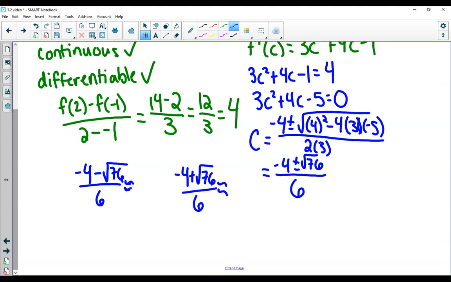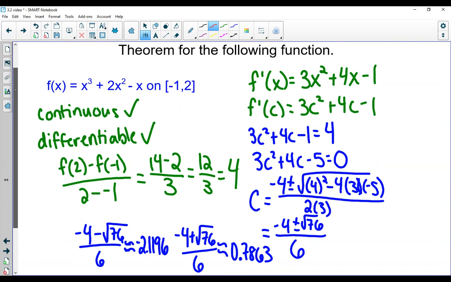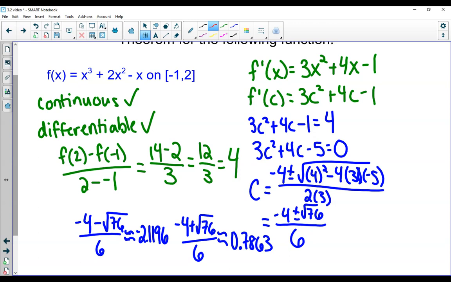So when I calculate those decimals, and again, I would have to use a calculator, I would get negative 2.1196 and 0.7863. So I find two values for c here. However, I have to check them and make sure that they do apply to this function.